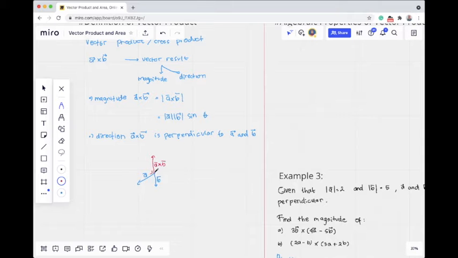So perpendicular here and perpendicular here.